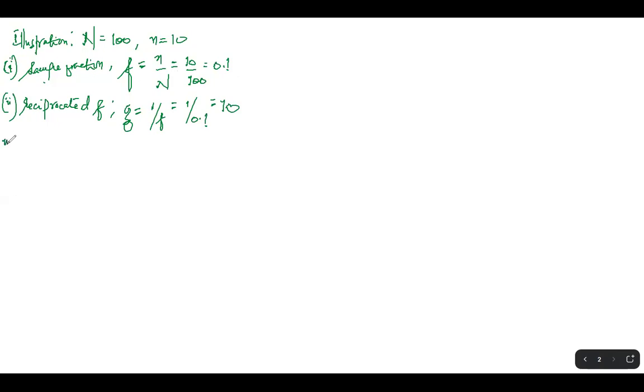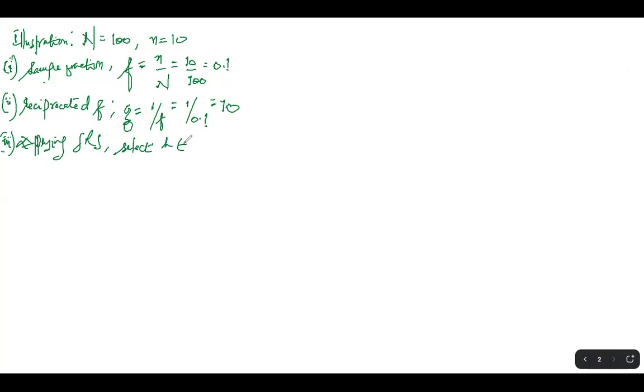Step 3: applying SRS, choose H. We don't know what H is because it's random.